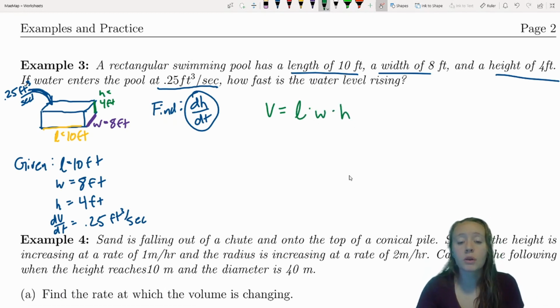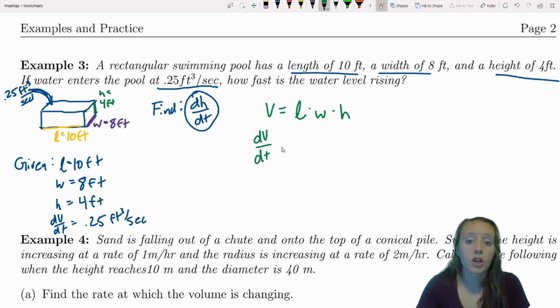And what I want to know in this case is my dH/dt, and I'm going to get dH/dt when I take the derivative with respect to time. Taking the derivative of my left-hand side leaves me with dV/dt, which is helpful because that's something that we know. So we'll be able to plug that in.